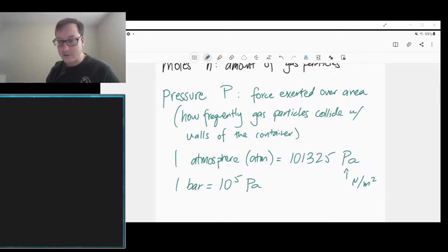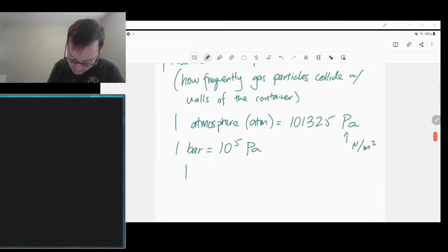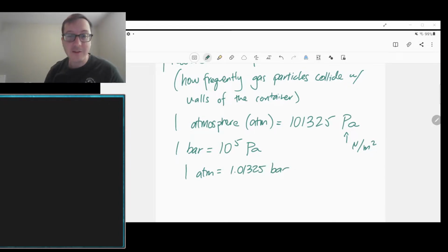In reality, the bar was adopted as the formal correct unit for pressure by the International Union of Pure and Applied Chemistry in the 80s, but people still use atmospheres far more often than they use bars. But suffice it to say, if we were to combine these two, one atmosphere would just be 1.01 bars, so roughly the same.